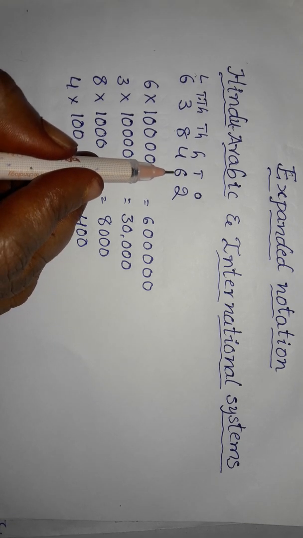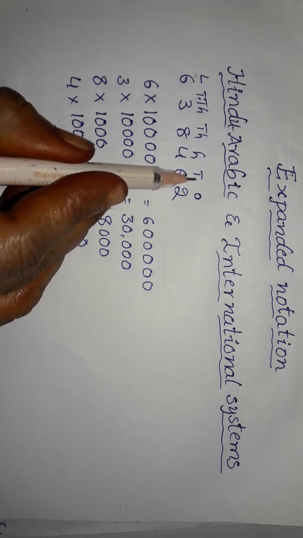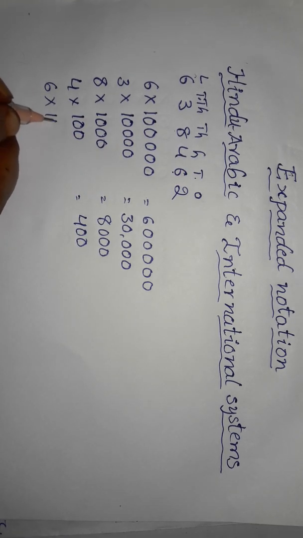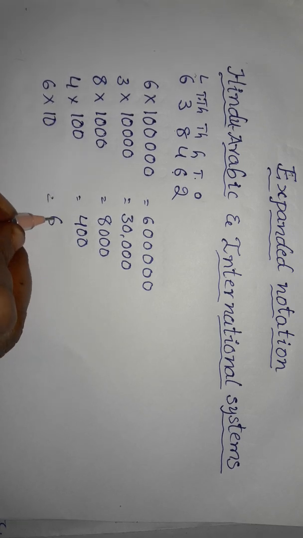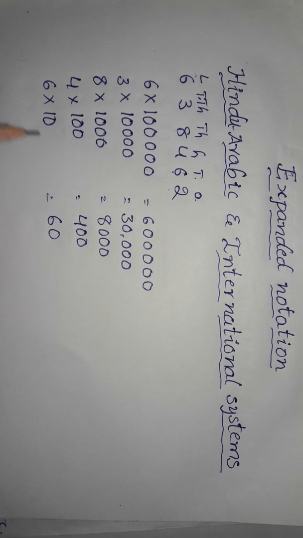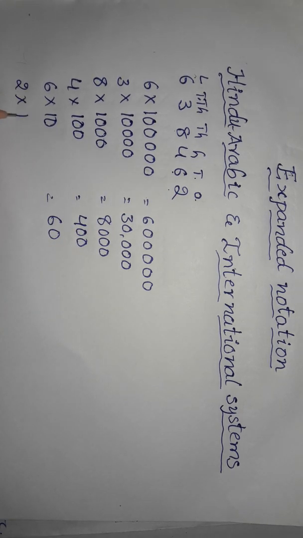Next number 6. In which place? Tens place. So 6 into 10 is equal to 60. Last digit 2 is in ones place. So 2 into 1 is equal to 2 ones, which is 2.